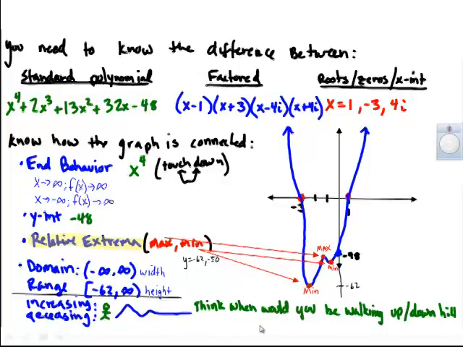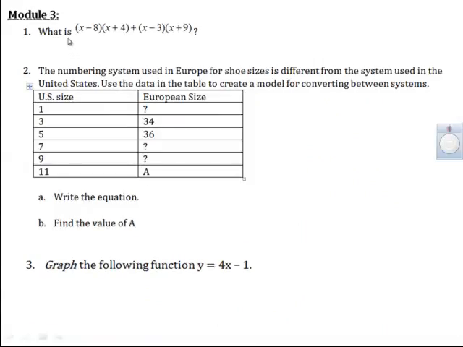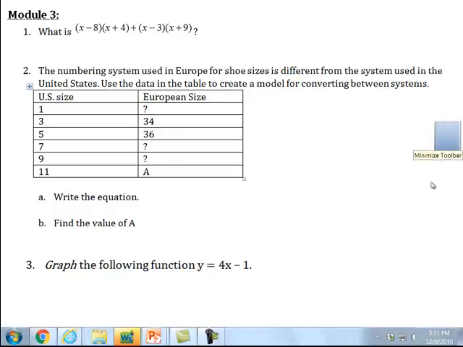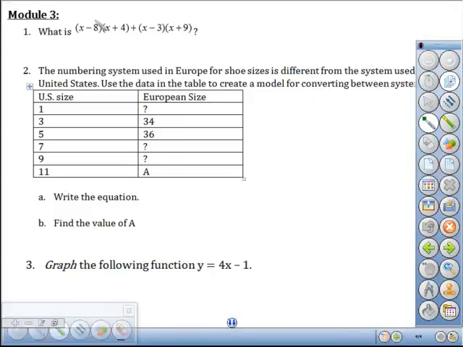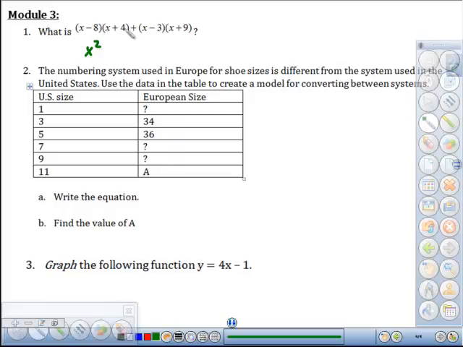All right. So here, it says, what is, and then it gives you a gazillion things. Now notice that there's a plus sign right in the middle. So all we're going to do is multiply one side, FOIL this side, and then FOIL this side, and then combine all the like terms. So let's go ahead and do that. Since the first one is x times x, that's going to be x squared, and then this and this will subtract, and I'll get minus 4x.